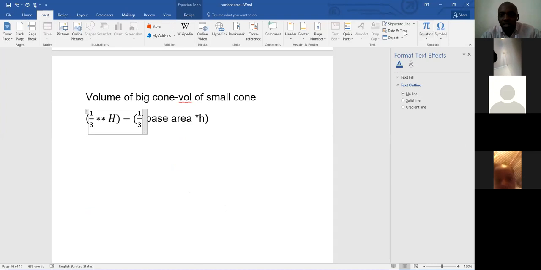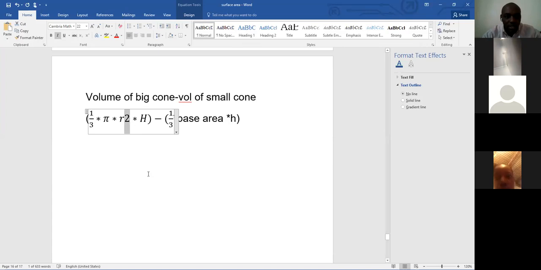I want to insert pi. That times pi times radius squared. This is radius. Instead of writing radius squared, let me write radius times radius. This is capital R because it is of the big cone.